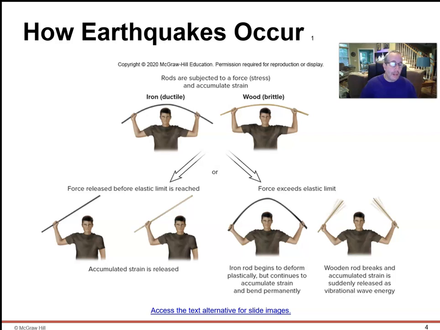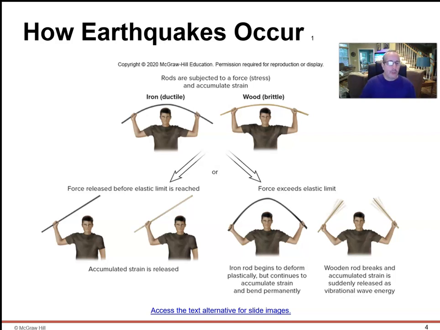Even though we think of rocks as brittle, sometimes they have properties, especially if a fault has heat associated from below, that make them more ductile. So they might bend and deform a little bit as they move past or into one another. If that's the case, that pressure will build up over time. Think of it like winding up.